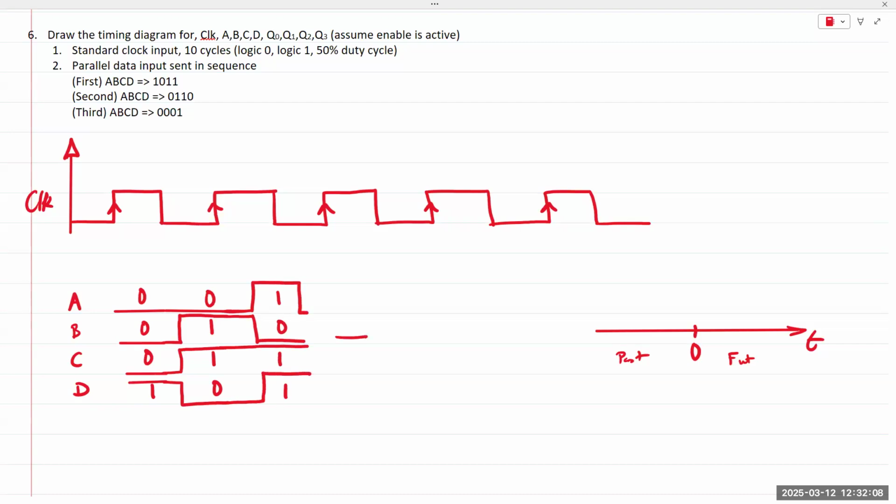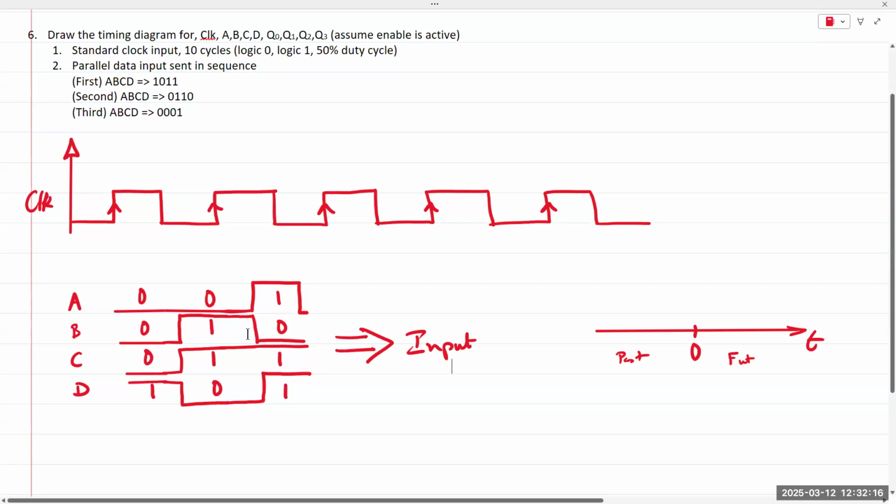And this is fed as input into the system. Again, the width of this could be exactly the same as the clock pulse, or shorter than the clock pulse, so that when it arrives, the input simply moves to the output. Yes.